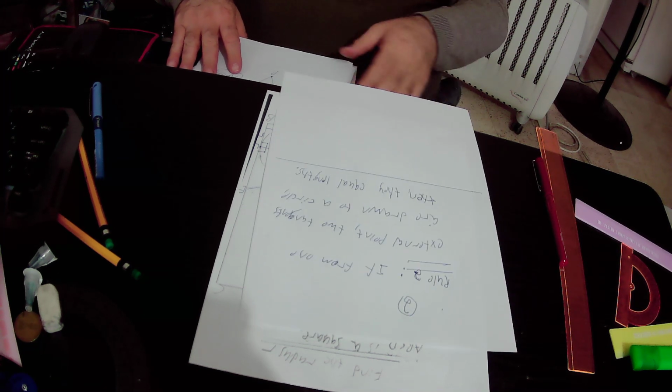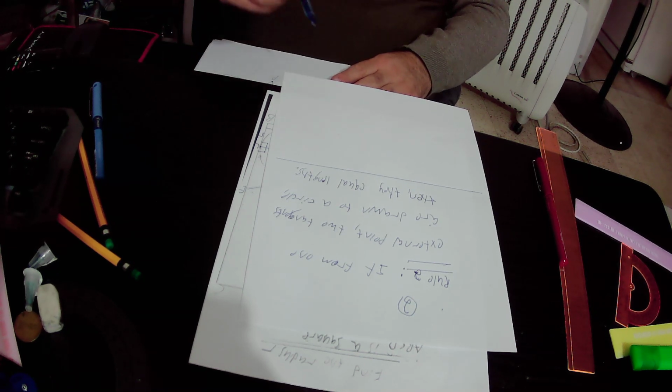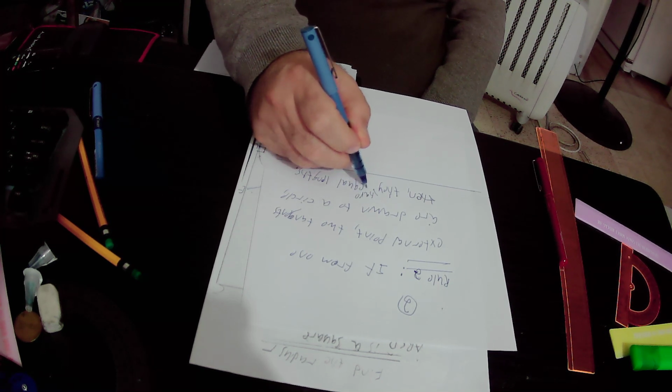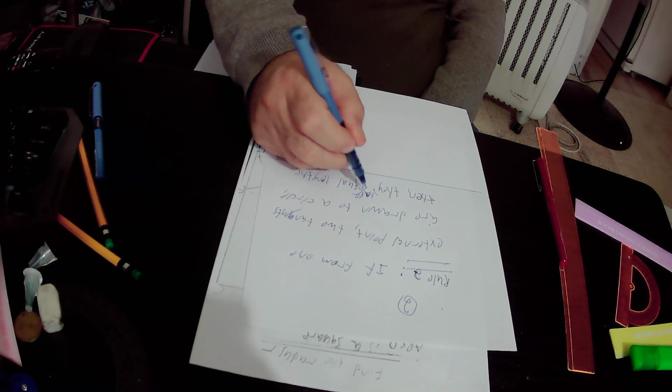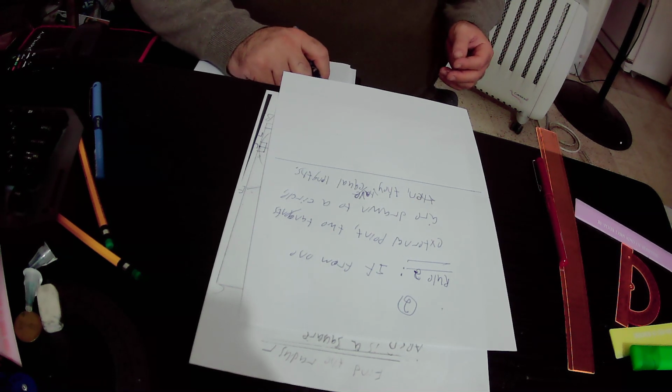Rule number two states that if from one external point two tangents are drawn to a circle, then they have equal lengths. I will repeat again on rule number two.